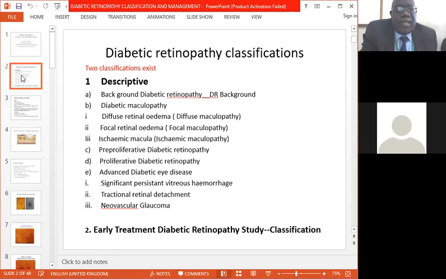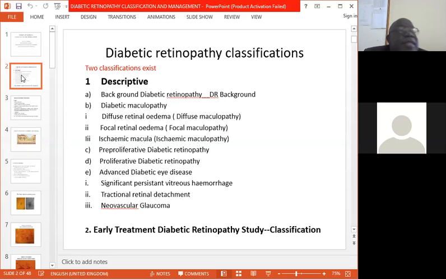Diabetic retinopathy classifications. There are two classifications which exist. One is called descriptive, which gives you background diabetic retinopathy, or when people are writing, they just say DR, diabetic retinopathy background.